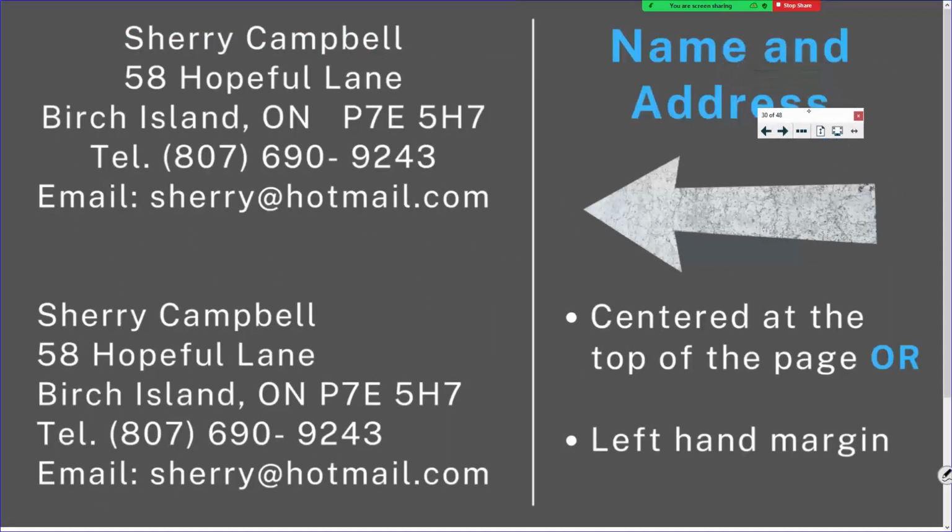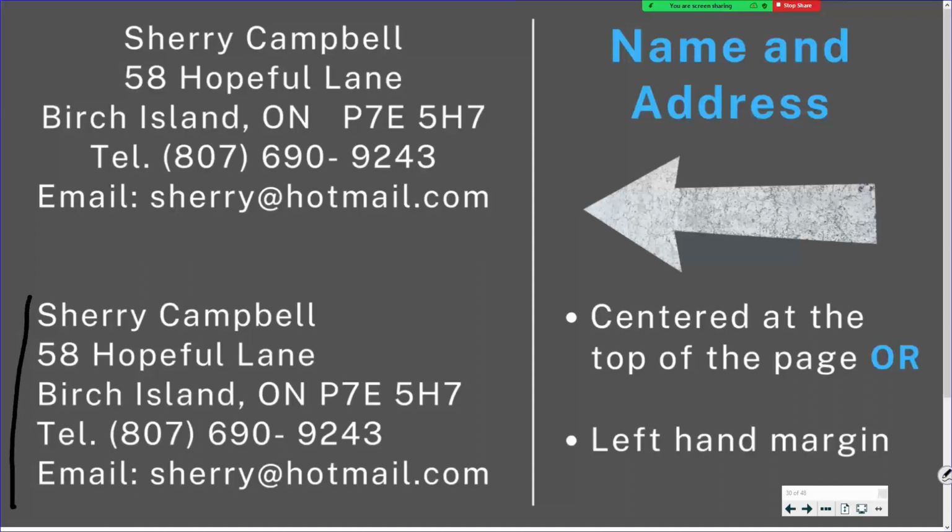So let's have a look at the document itself. You've got two options here. Your name and address can be centered at the top of the page, or they can be put on the left-hand margin, right? So we call this the justification.